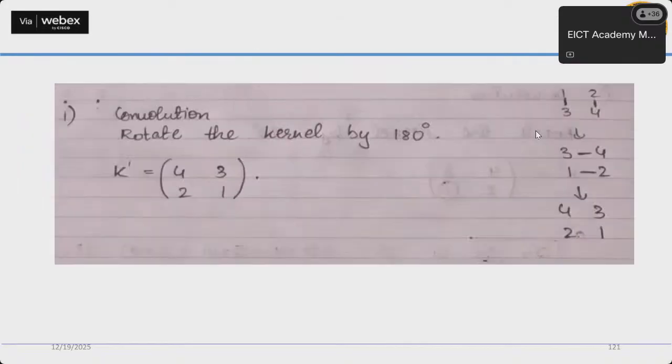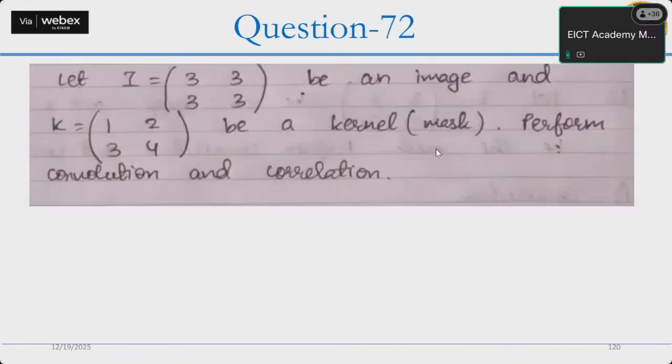In convolution, the important thing is that you rotate the kernel by 180 degrees. To rotate the kernel, it is 1, 2, 3, 4. First, I will tell you what you are doing. You basically rotate it vertically as well as horizontally.